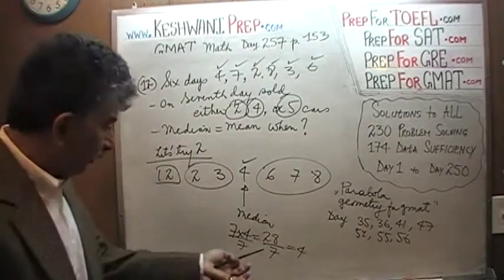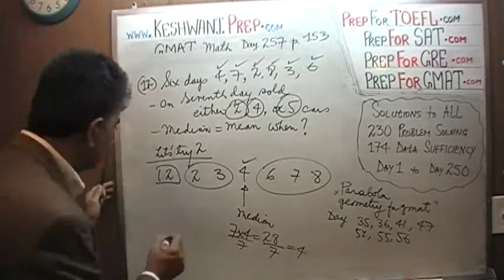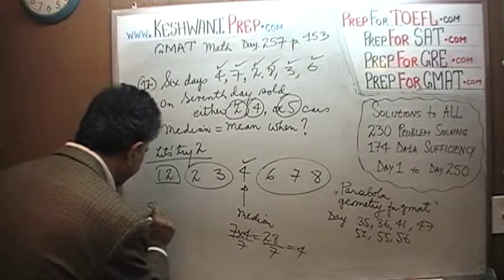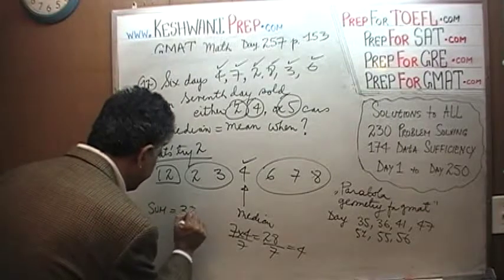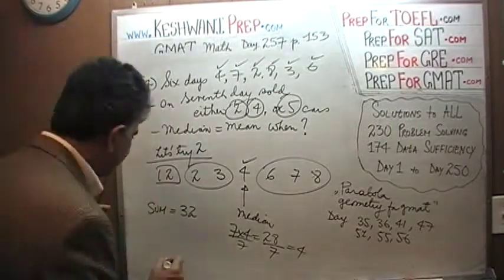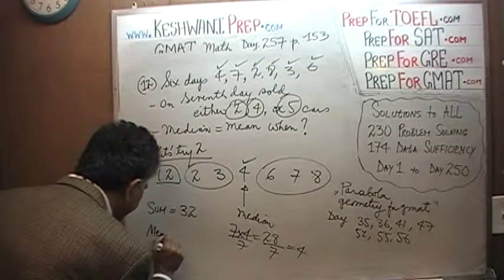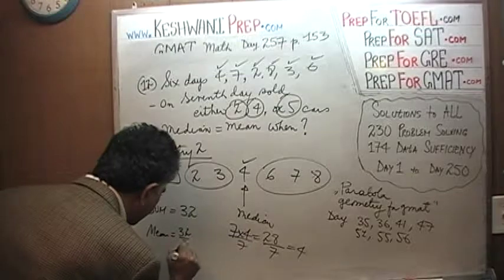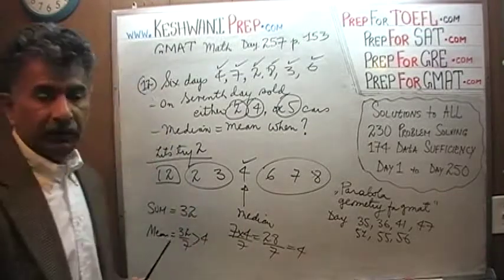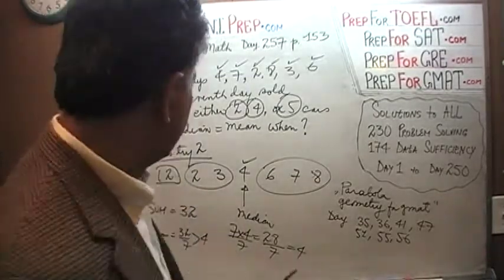This will be already over 28. And 30 plus 2 is 32. The sum is 32. That's not going to work. The mean is going to be 32 over 7. That's more than 4. Here, the mean is not the same as the median. 2 is not the answer.